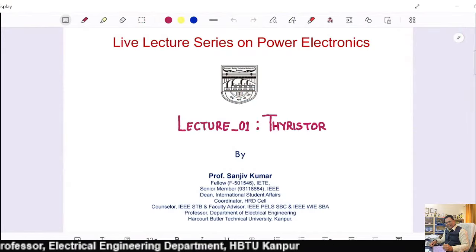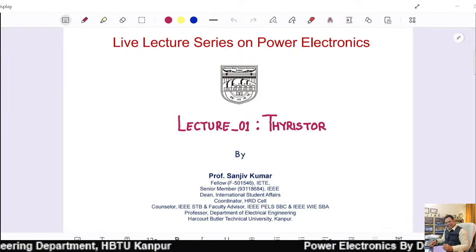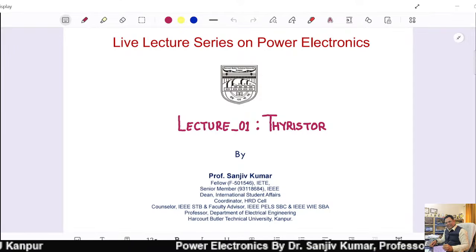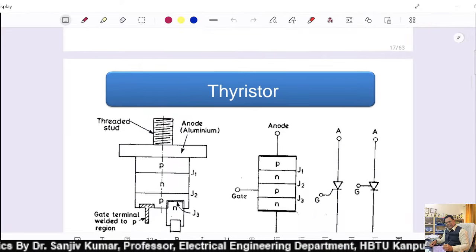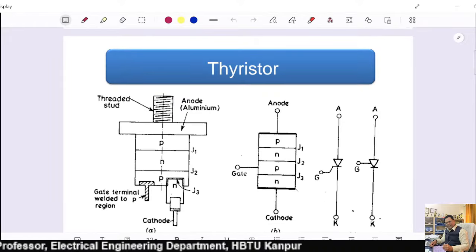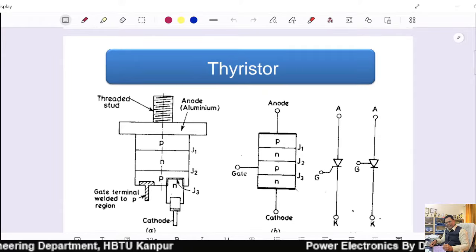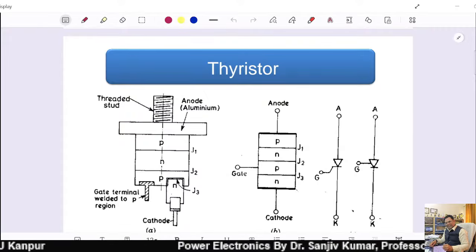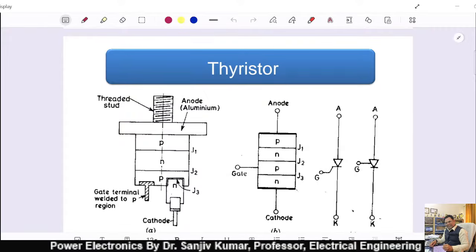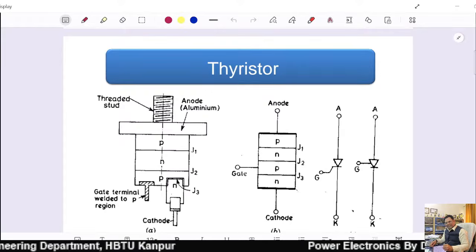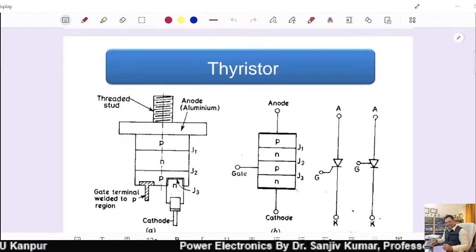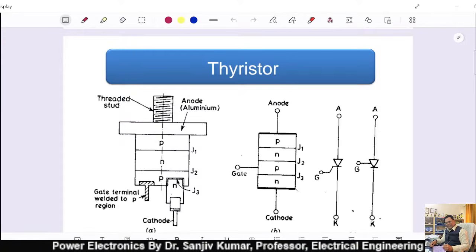So, in Thyristor, it was invented in 1957 and it can handle voltage up to, you can say, 10 kV, and the current rating which it can handle is 3000 ampere, and the power rating is somewhere around 30 megawatt. So you can imagine how powerful a power electronics device it is.